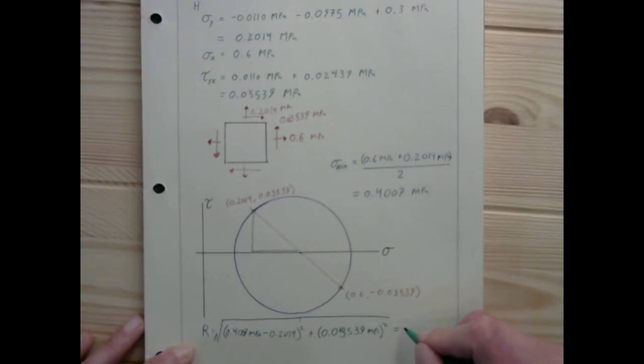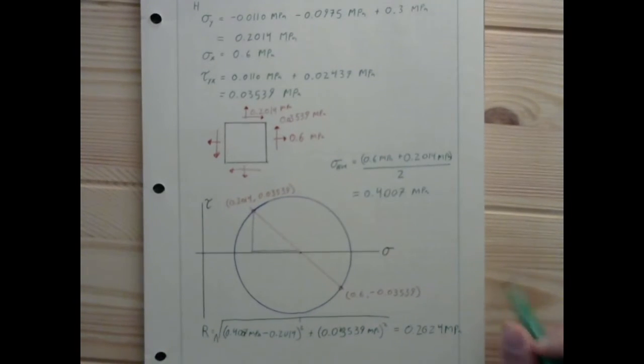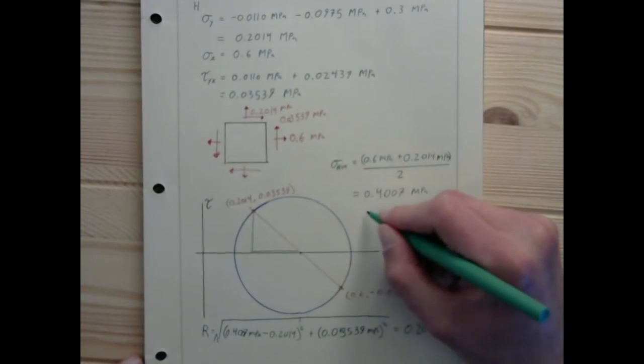And that's going to give us a radius of 0.2024 megapascals. And that's also going to be our maximum shear.